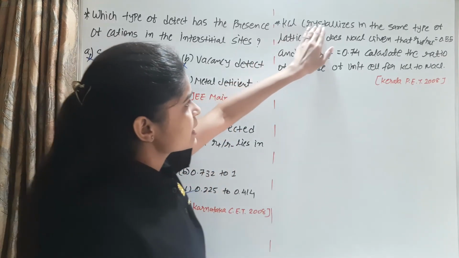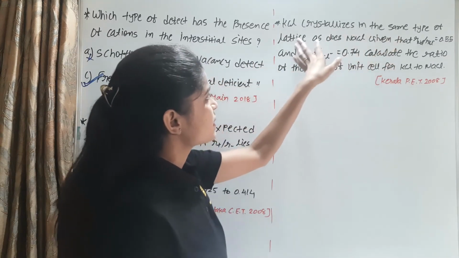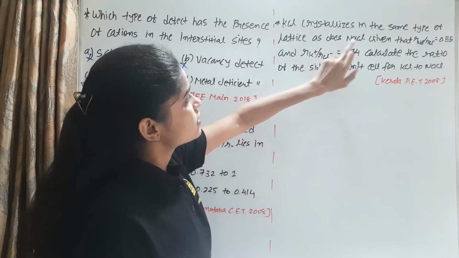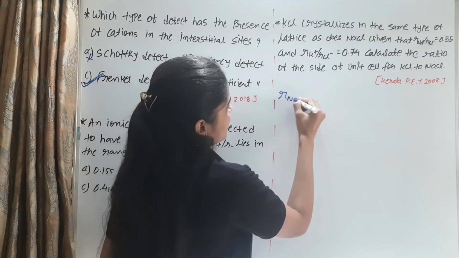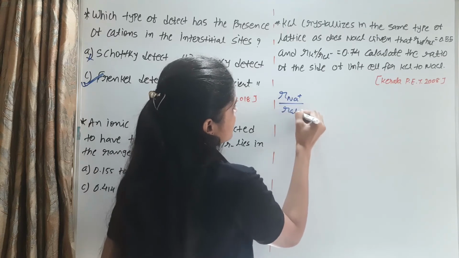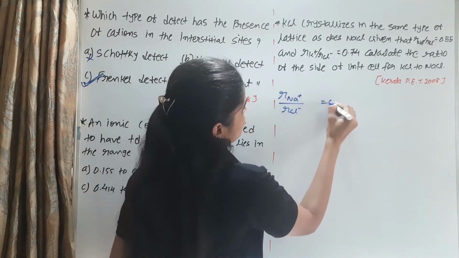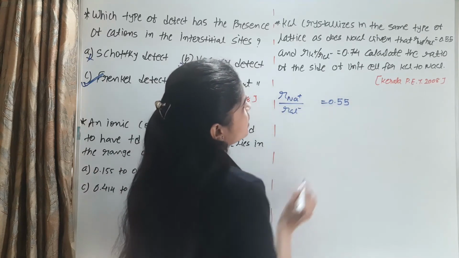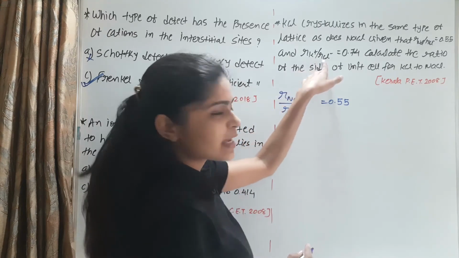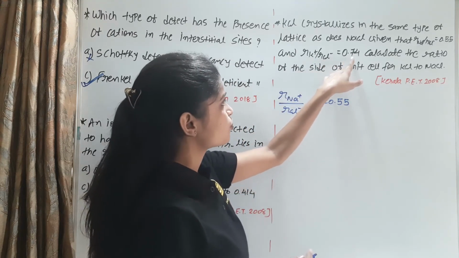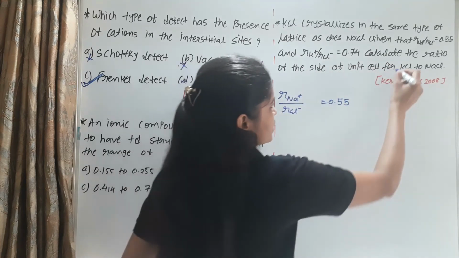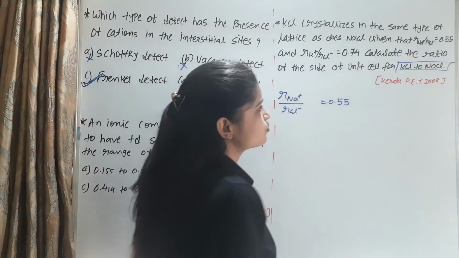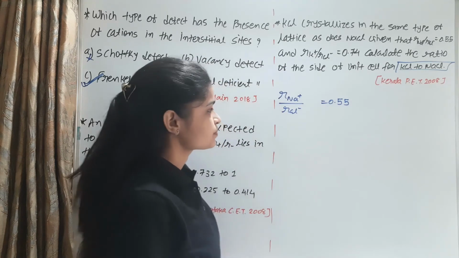Next, KCl crystallizes in the same type of lattice as NaCl, given that the radius ratio R(Na+) by R(Cl−) is equal to 0.55 and R(K+) by R(Cl−) is equal to 0.74. Calculate the ratio of the side of the unit cell for KCl to that of NaCl.